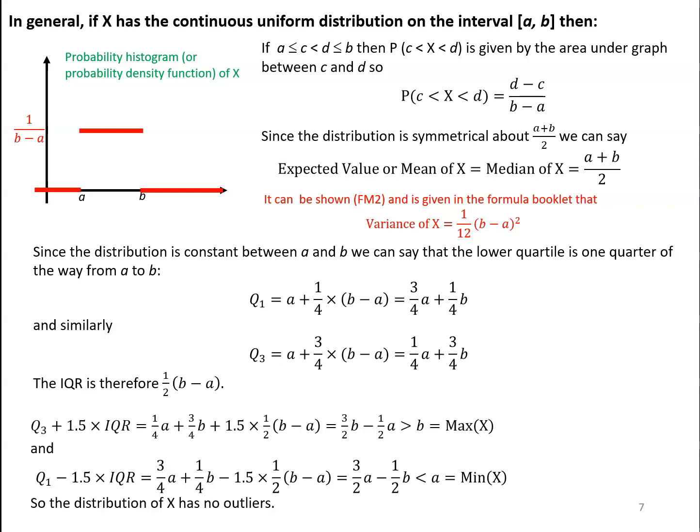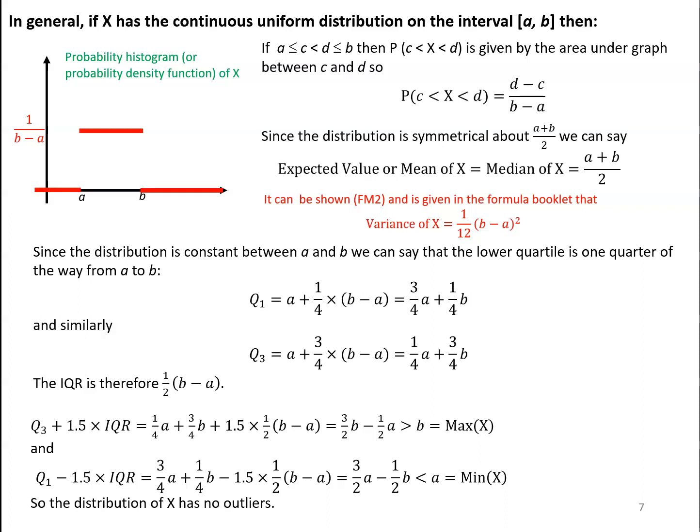If we have a look at the fences for the distribution, the upper fence for it is Q3 plus 1.5 times the interquartile range. That simplifies to 3/2 b minus a half a.